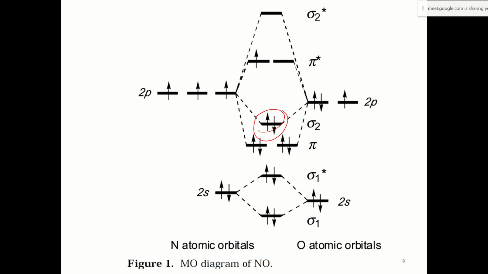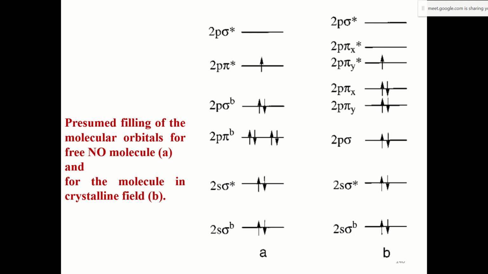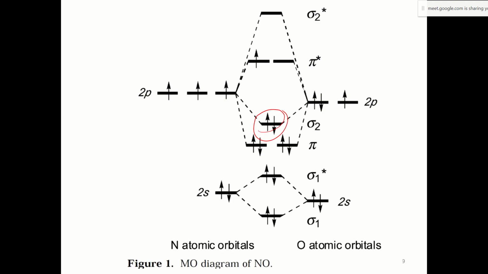So from the model that we have just shown, there is one more thing with NO. In a free NO molecule, that is in a gaseous state, this is the kind of diagram.